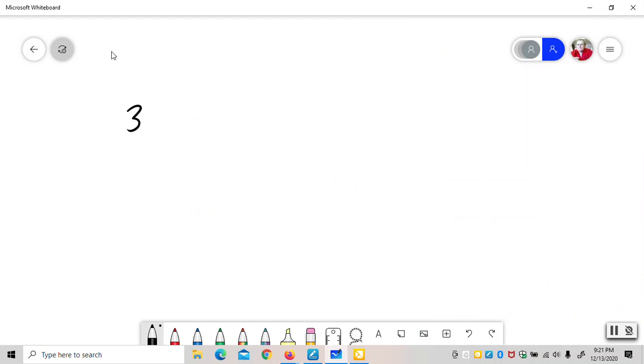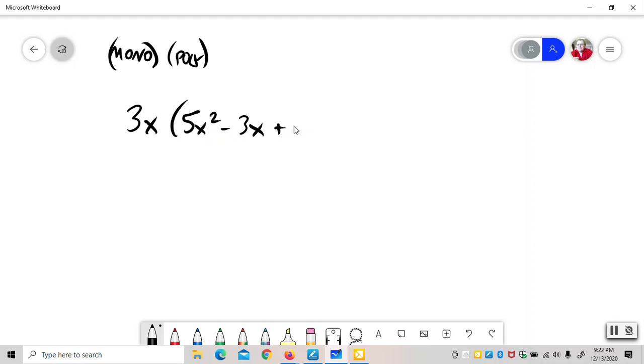A monomial times a polynomial, like 3x times 5x squared minus 3x plus 7, or 5x times, let's just make it a y to be different, 5y times 6y minus 8.